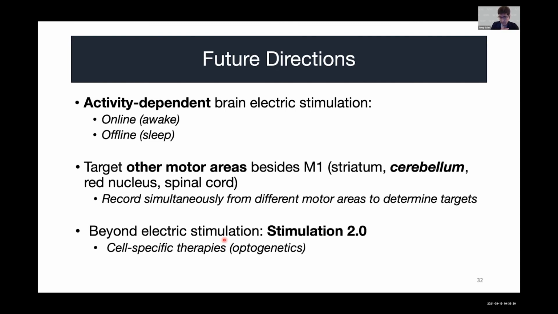For example, in the study that I just showed you, our target was to recruit the perilesional pyramidal neurons in layer 4-5, which are essentially projecting down the corticospinal tracts to spinal motor neurons. But we don't know whether our electrical stimulation was only modulating those neurons or several other neurons, because the electric field was huge. So in the future, we also want to test out cell-specific therapies by modulating only the neurons that we really want to have an effect on.